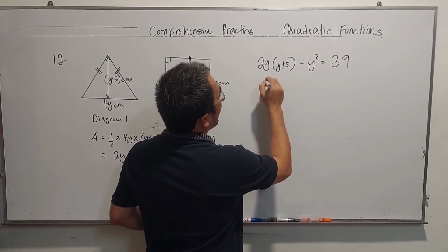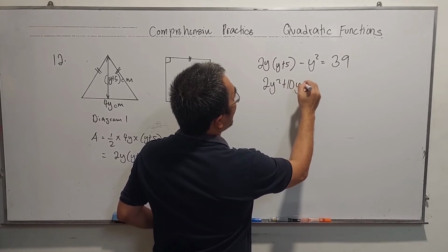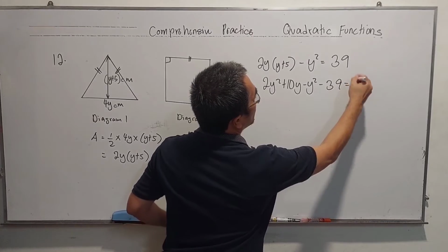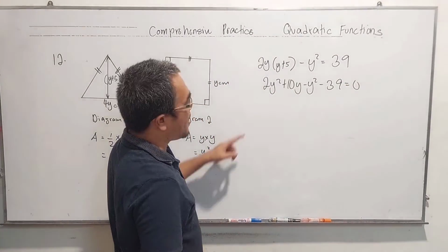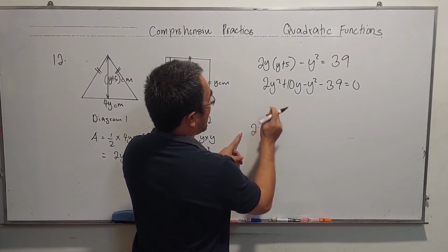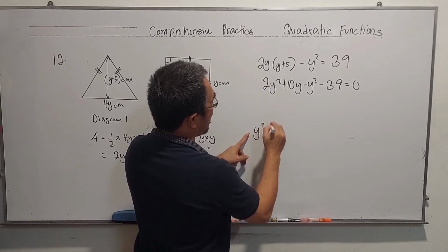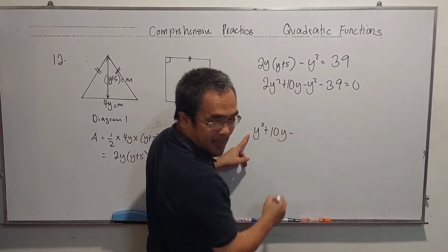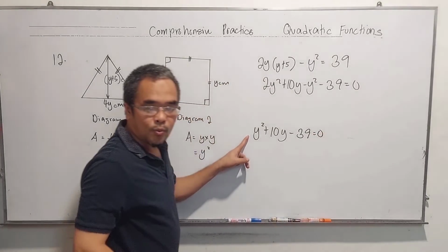So we expand the bracket: 2y squared plus 10y minus y squared minus 39 equals 0. And simplify that. So we have 2y squared minus y squared will be y squared, plus 10y minus 39 equals 0.